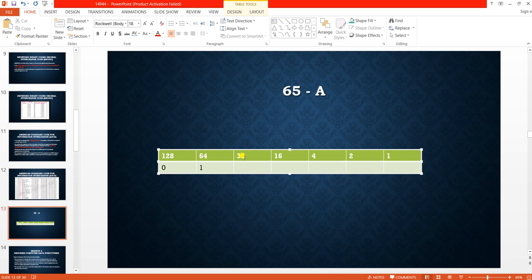How many times does 32 get into 1? 0. 16? Also 0. 8? Also 0. 4? Also 0. 2? 0. And 1? 1. So this is the representation of A in binary code. That's how you go about converting 65 into binary.